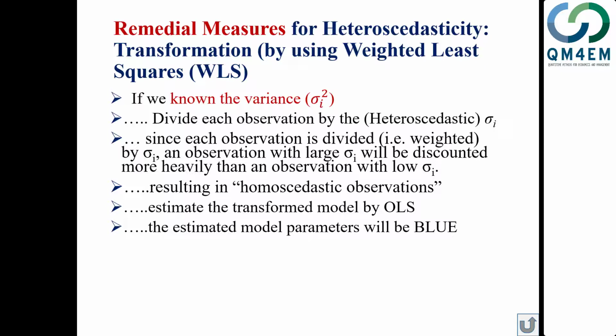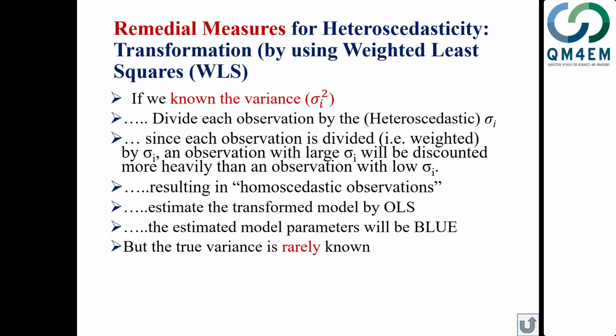This process transforms the heteroscedastic data to homoscedastic data, and then we apply the ordinary least square method. These steps ensure that the estimated parameters we get are BLUE. So that's the weighted least square method.